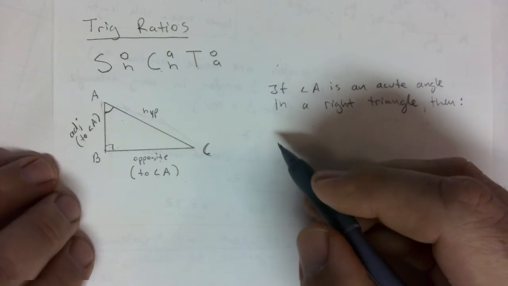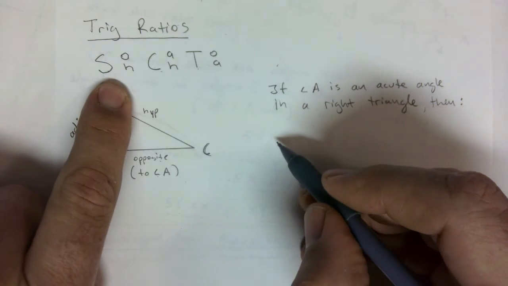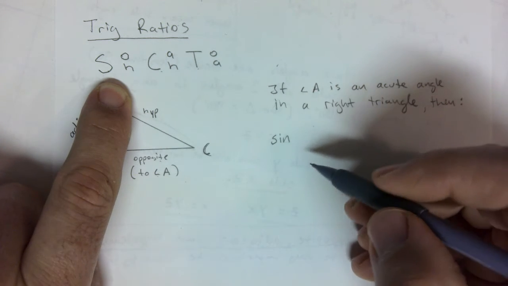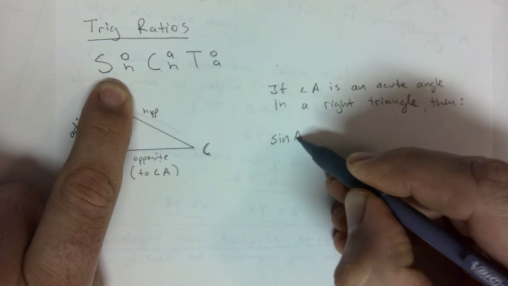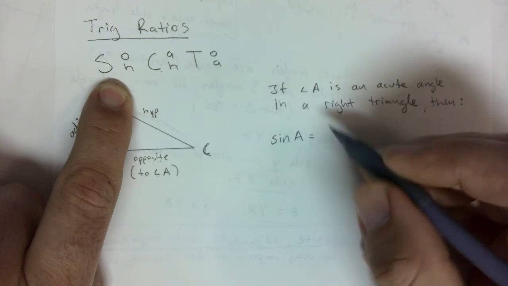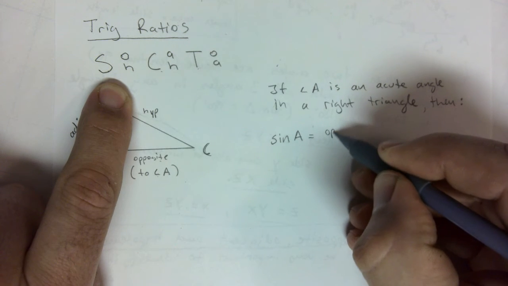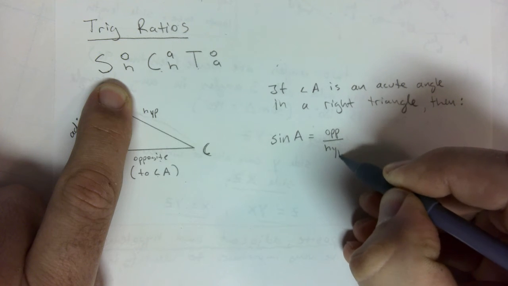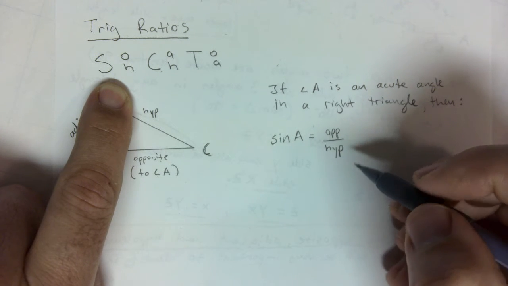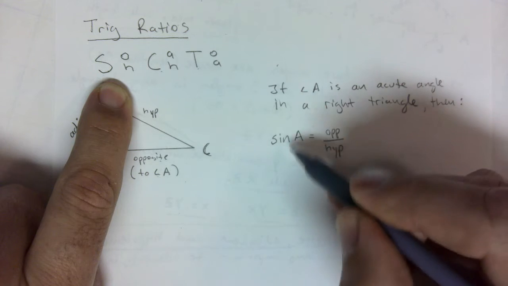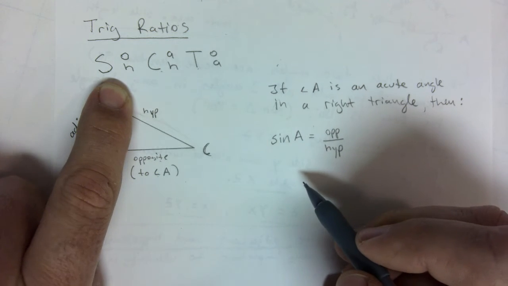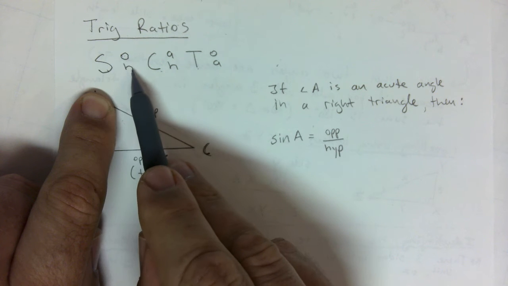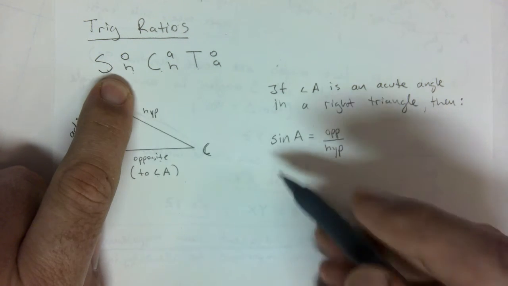Okay, so here we go. I'm using the acronym to help me here. Sine of angle A is equal to opposite over hypotenuse. Okay, this is the sine ratio. So see, I used sine of the angle as opposite side divided by the hypotenuse. So just follow me for now.